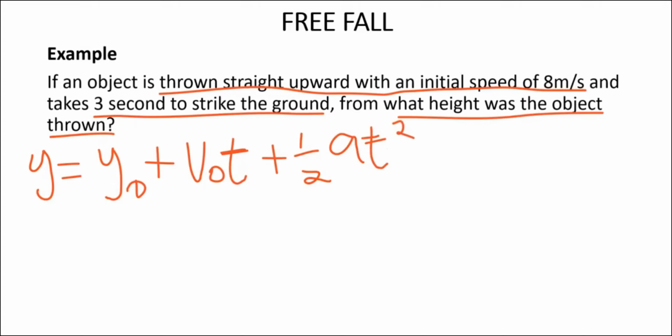So in this case, our final velocity we don't know, right? So the final velocity is defined as 0 because it's thrown upwards. There's no final velocity here, so it's 0, right? It doesn't say when it's landed to the ground, so there's no final velocity defined.